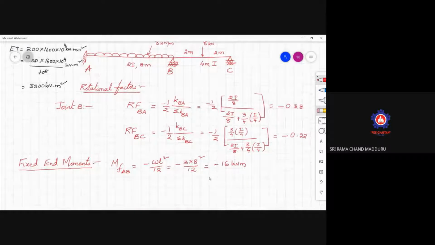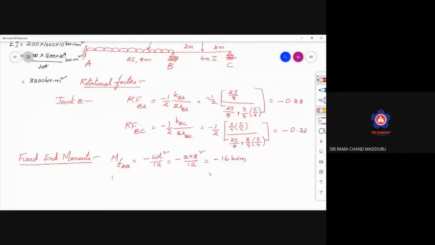MFAB is minus 16 kilonewton meter, whereas MFBA is equal to plus WL square by 12, which is plus 3 into 8 square by 12, plus 16 kilonewton meter. Then minus WL by 8, minus 8 into 4 by 8, minus 4 kilonewton meter.